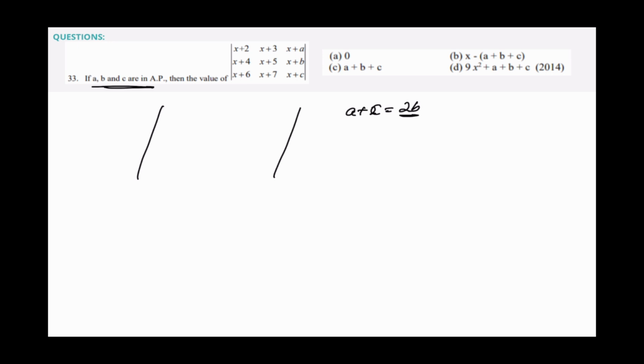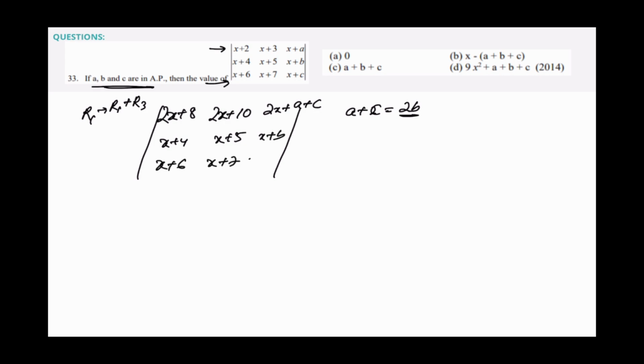Then what we're going to do is the row operation: row 1 equals row 1 plus row 3. So what you'll get is 2x plus 8, 2x plus 10, and 2x plus A plus C. And here keep as it is: x plus 4, x plus 5, x plus B, and x plus 6, x plus 7, x plus C. If I take 2 common from the first row, x plus 4, x plus 5.